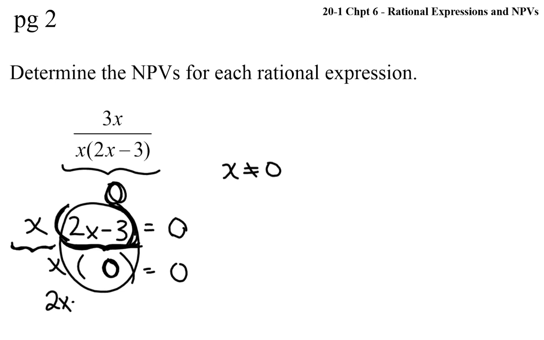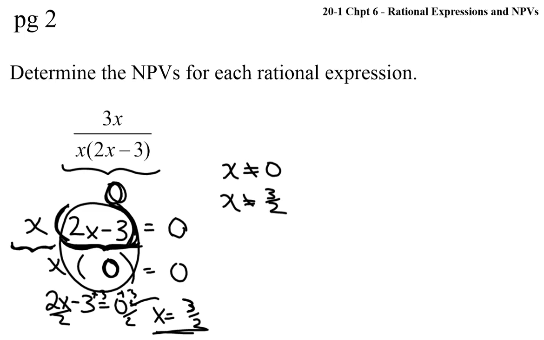Well, if 2x minus 3 equaled 0, we solve for x, add 3, divide by 2, and x equals 3 halves. If x equals 3 halves, the denominator equals 0, and that's a bad thing. So x can't equal 3 halves either.